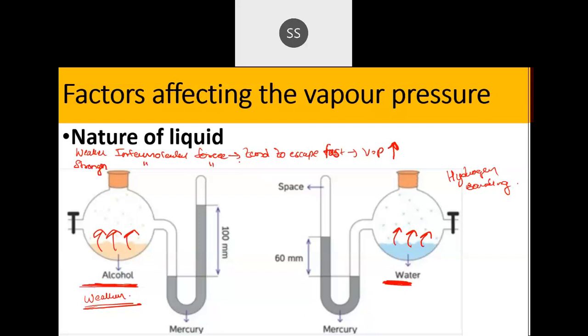So with strong forces, it's difficult, so fewer molecules will be present in the vapor phase, and the vapor pressure will also be lesser. They tend to escape less if they have strong force, so the vapor pressure of that particular solvent will be lesser. So this is one factor.